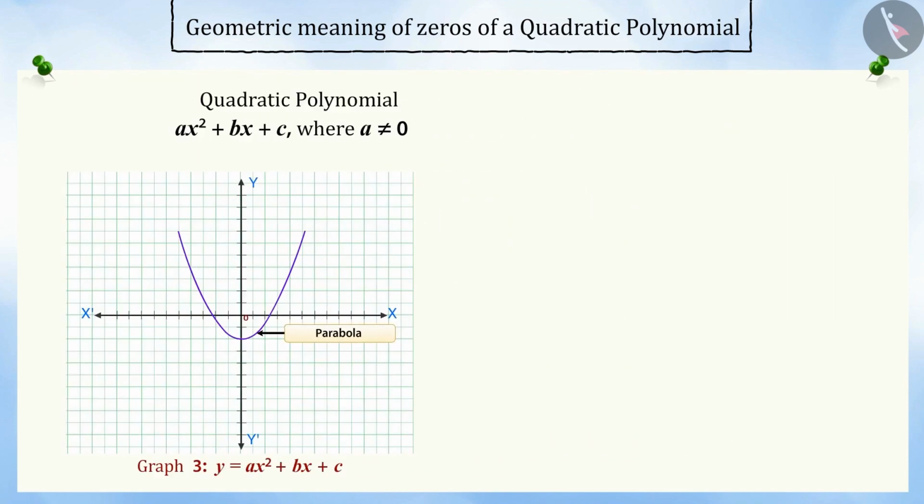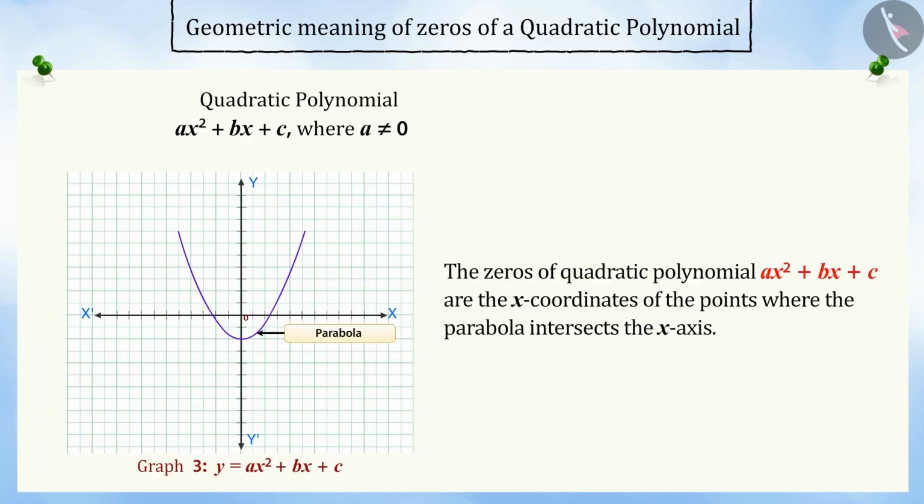On this basis, we can say that the zeros of the quadratic polynomial ax square plus bx plus c are the x-coordinates of the point where the parabola intersects the x-axis. This result is true for all the quadratic equations.